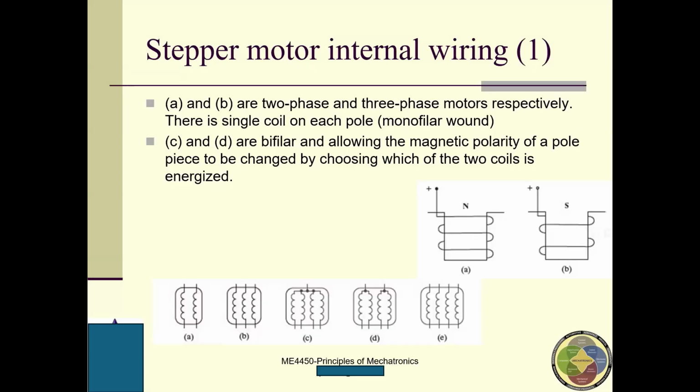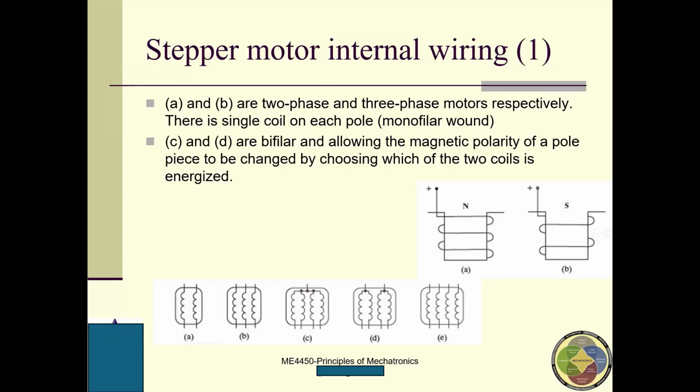However, for the bifilar, I do not need to change. If I want to change the polarity of the pole, I do not need to change the current. What I need to change is I just select which coil, which welding I use. So that's the reason this guy is called bifilar.